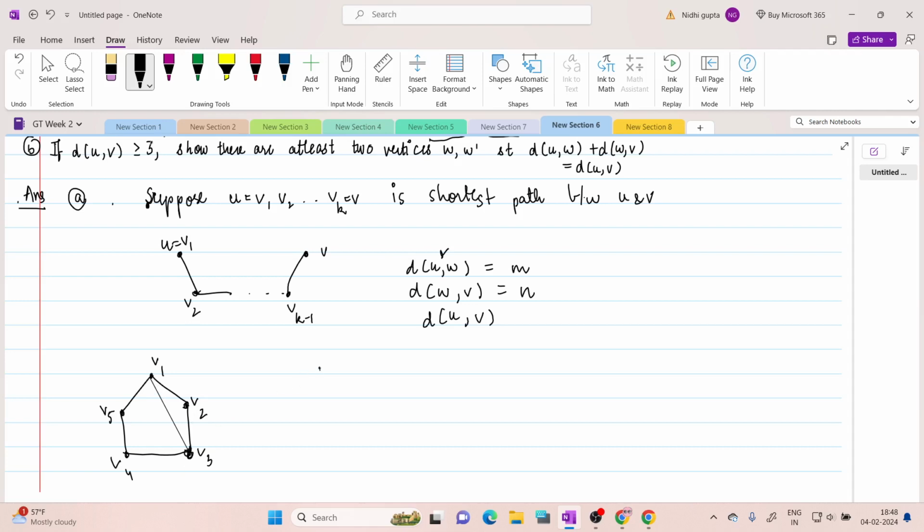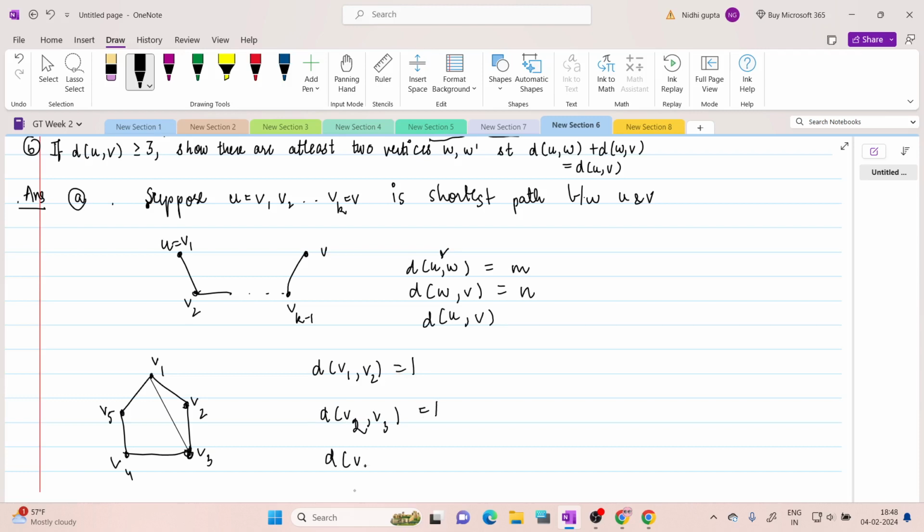What is the shortest distance between V1 and V2 in this graph? One. What is d(V2,V3)? One.